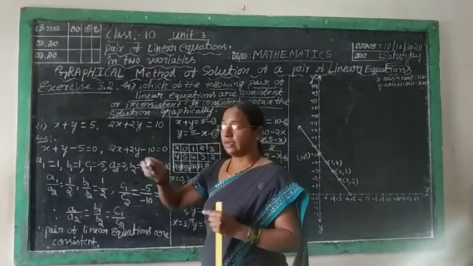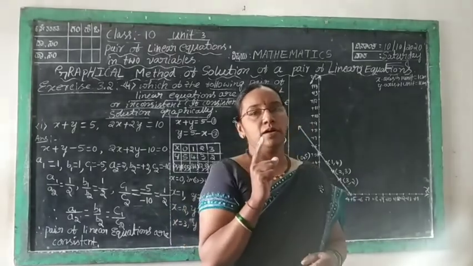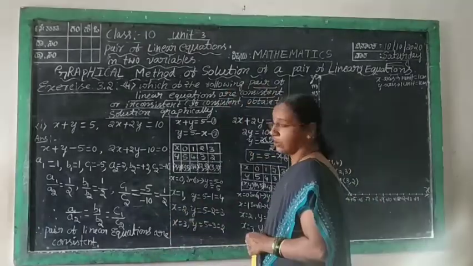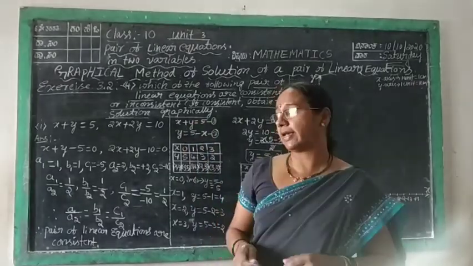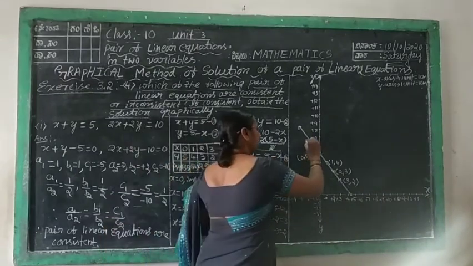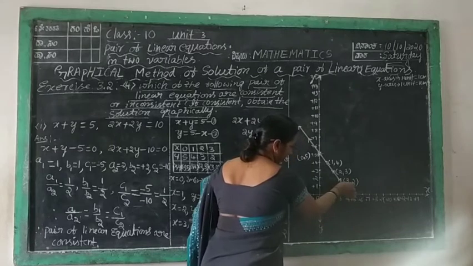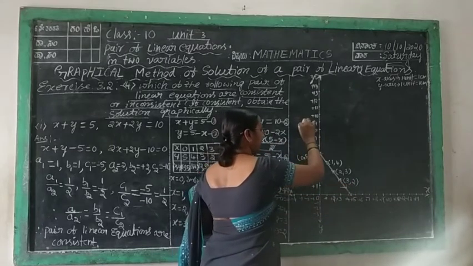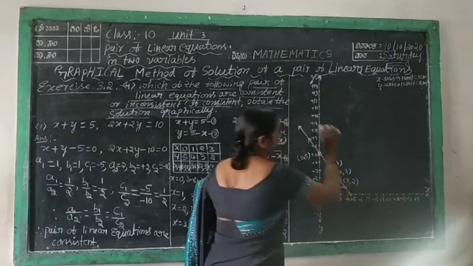We know the table has 3 important points. Then the graph is coincident lines. The graph is coincident lines because its graphical representation of the pair of linear equations coincides in one straight line.